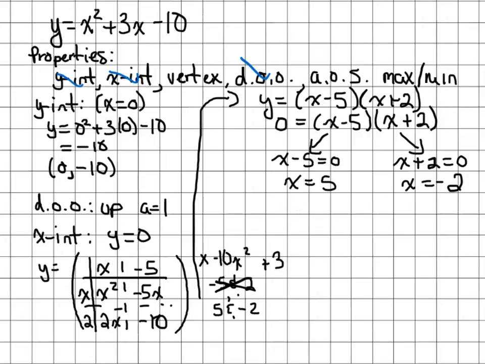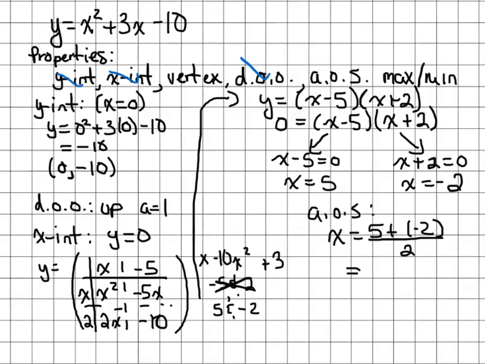I'm going to use a different color here. So the axis of symmetry, that's when we add the two x-intercepts together. So 5 plus minus 2. And we divide those by 2 because that's the halfway point or the midpoint.